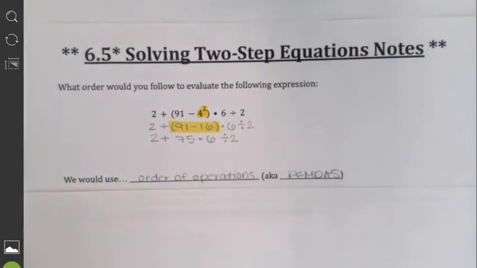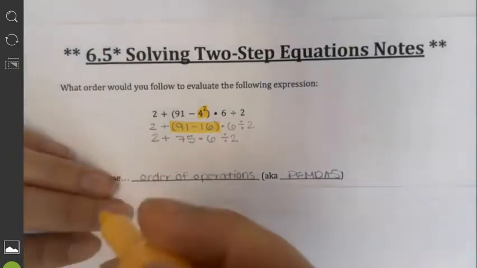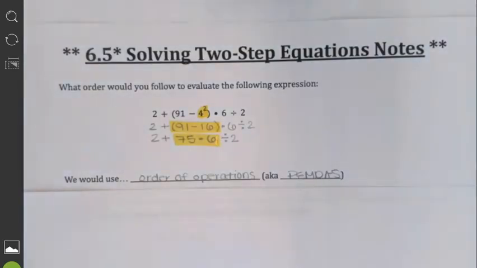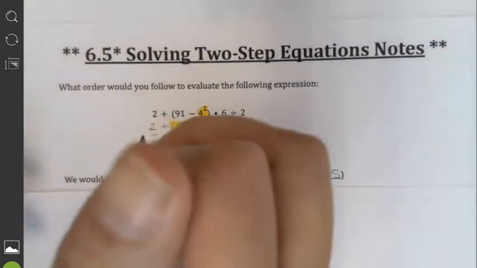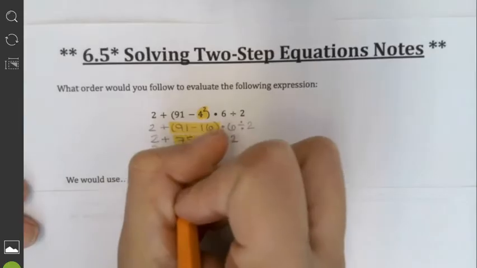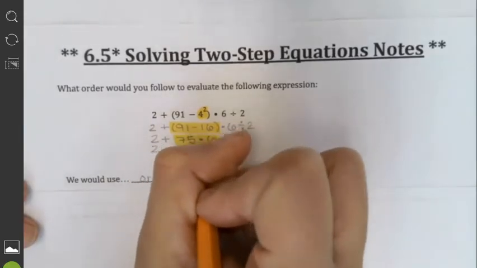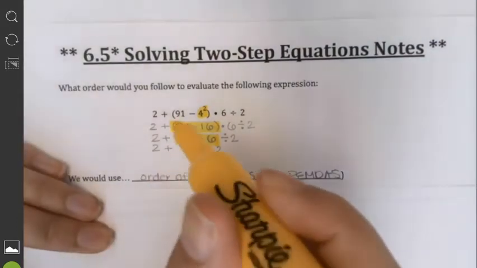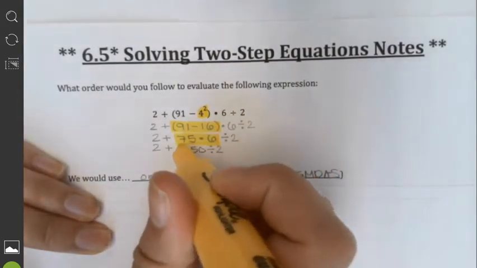Then we move on to multiplication or division from left to right. We're going to start with our multiplication. 75 times 6 is 450.